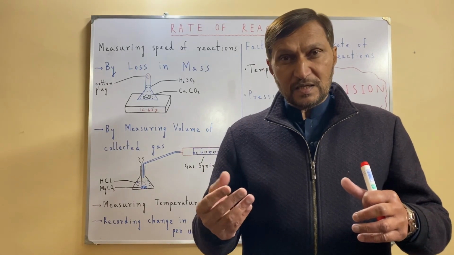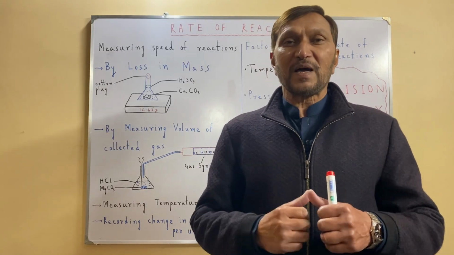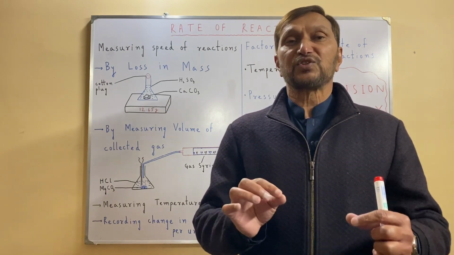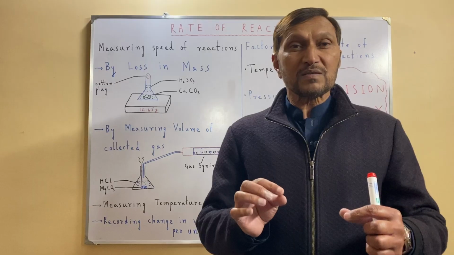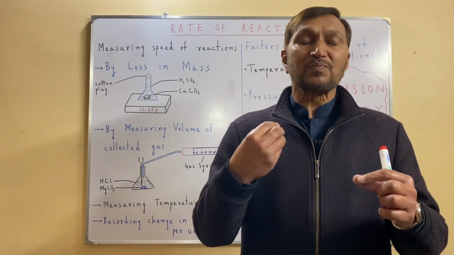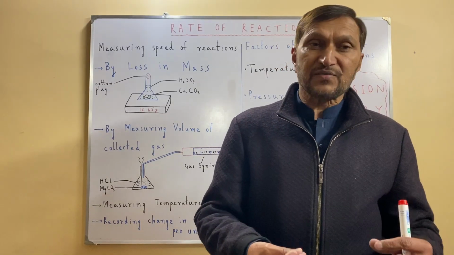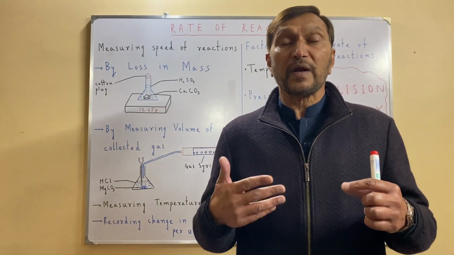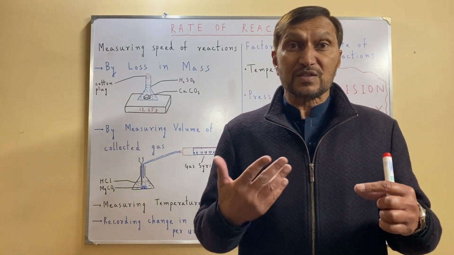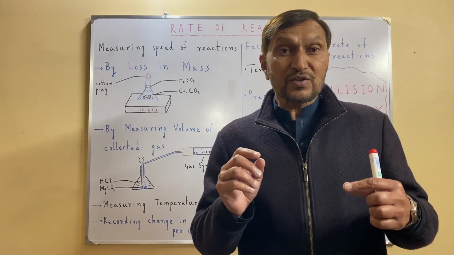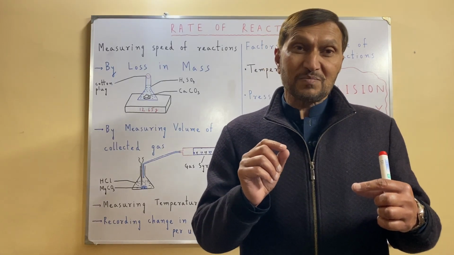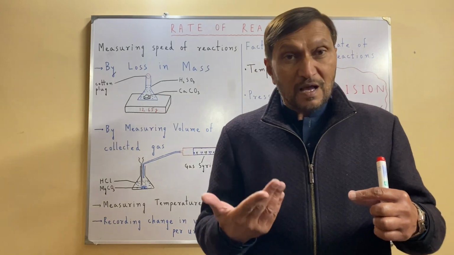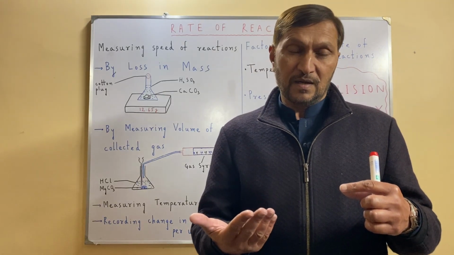For instance, the explosion of dynamite is an example of a very fast reaction because the dynamite explodes within a fraction of seconds, releasing a large amount of energy, sound and heat. That's why it's destructive. This reaction takes place within milliseconds, so it is an example of a fast reaction.